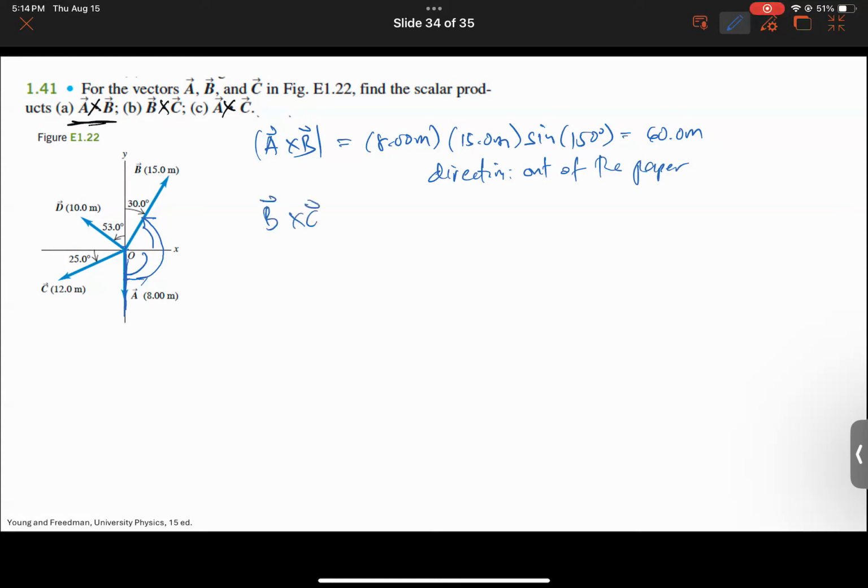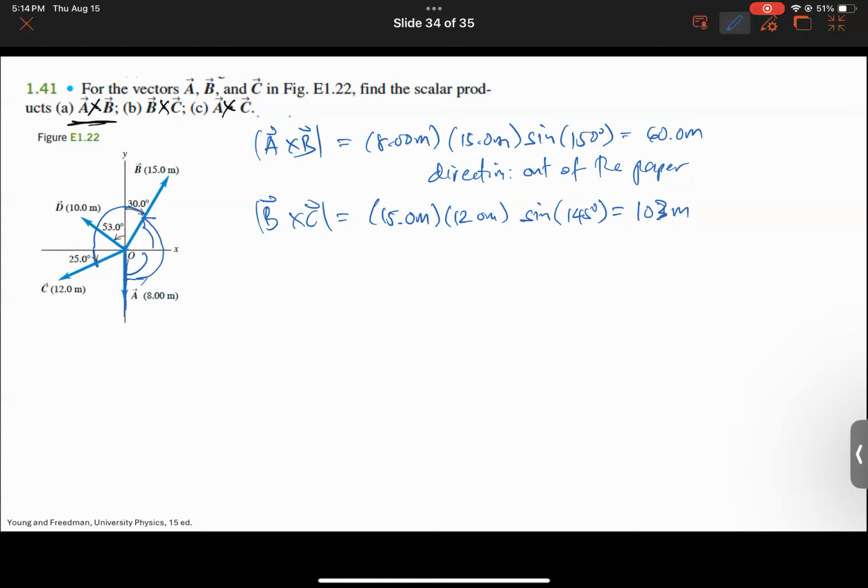B cross C is equal to 15 meters times 12 meters times sine of 30 plus 90 plus 25. So that's 145 degrees, and this is 103 meters.